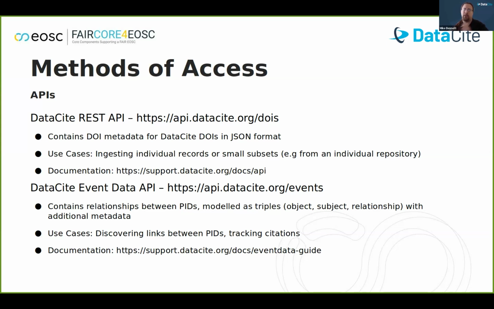So you have the subject-object relationship triad, telling you the actual link between the persistent identifiers, and then the additional metadata that I mentioned in the previous slide, showing the provenance information, the time and date, etc. So this is designed if you're looking for discovering or ingesting links between persistent identifiers, for example, tracking citations of a research object, or looking at the research outputs of a person as identified by an ORCID identifier.